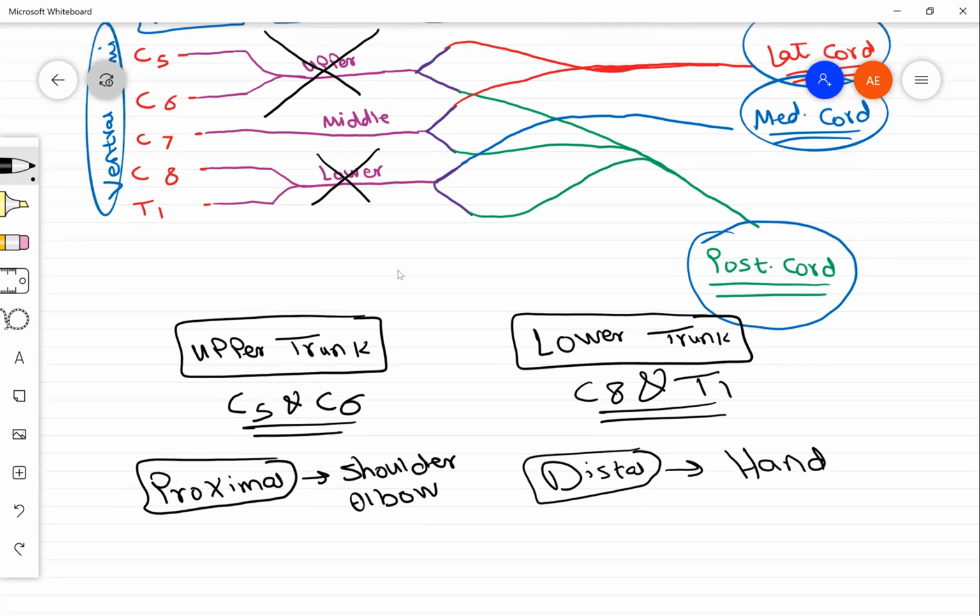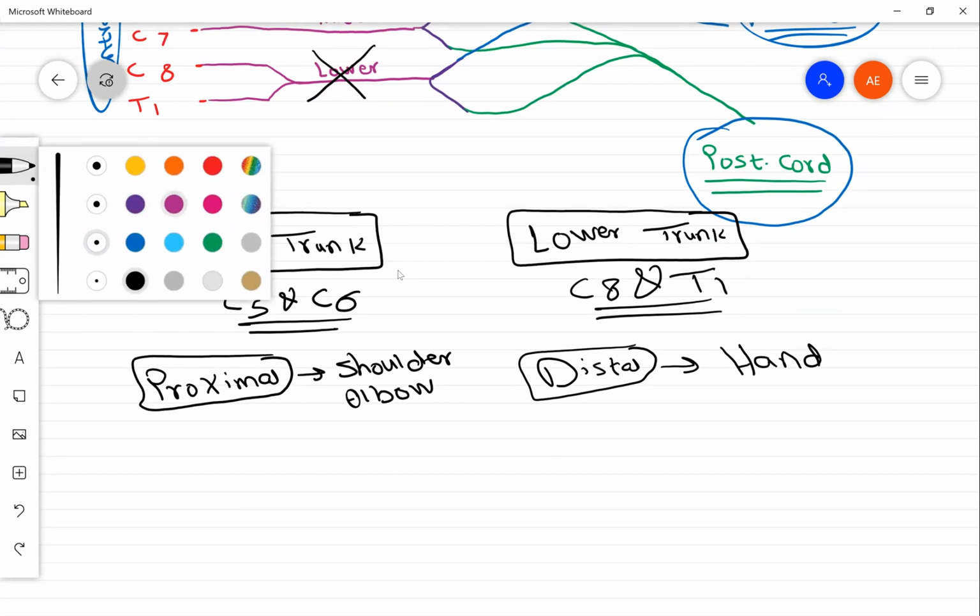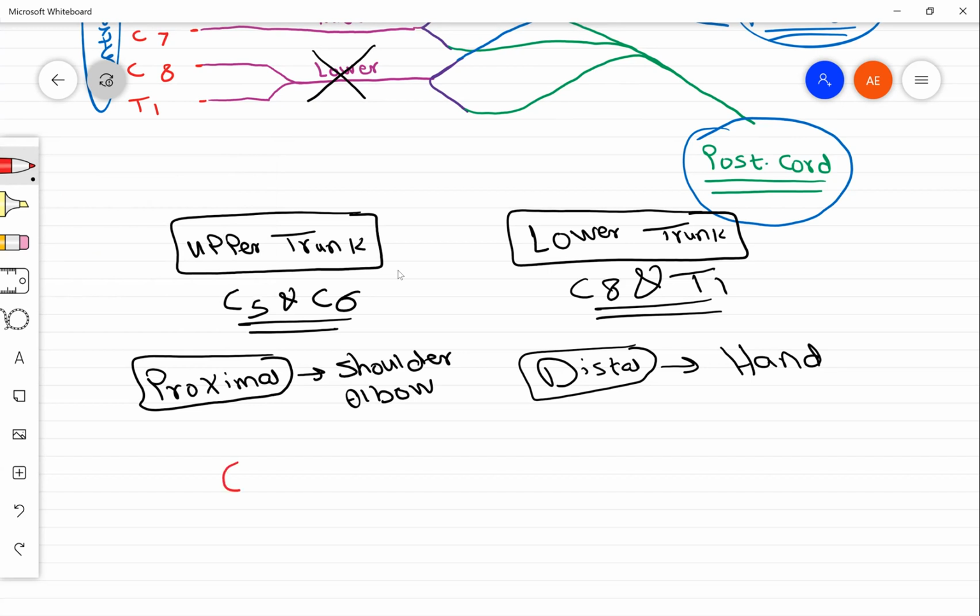The injury to the upper trunk will cause what is called Erb's palsy. So Erb's palsy is a proximal injury.